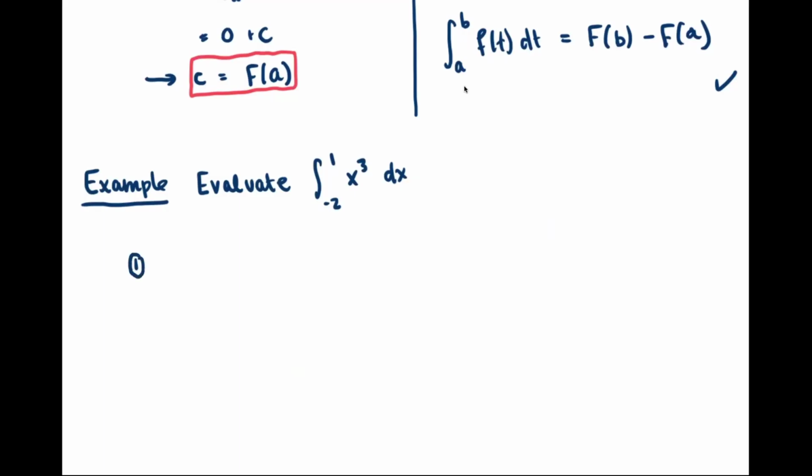One, we have to think of an antiderivative for x cubed, and then we have to evaluate, we have to plug in 1 and plug in -2 and subtract those two numbers. So take a minute to think about what an antiderivative for x cubed is. I'll give you a few seconds to think about this.